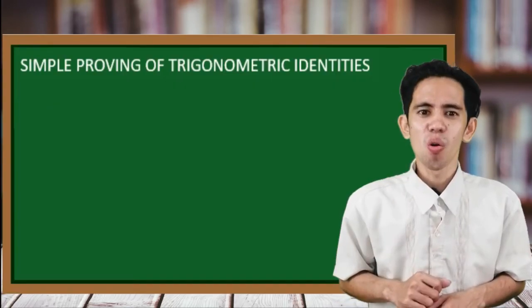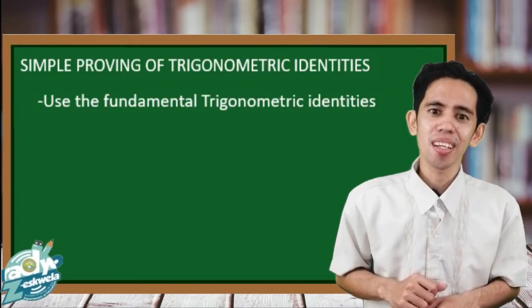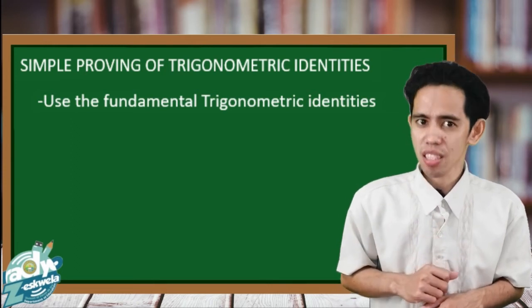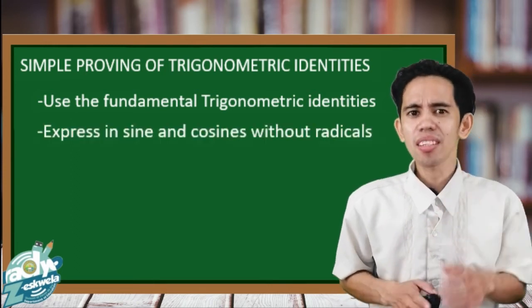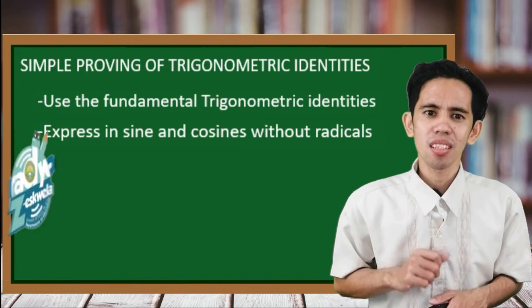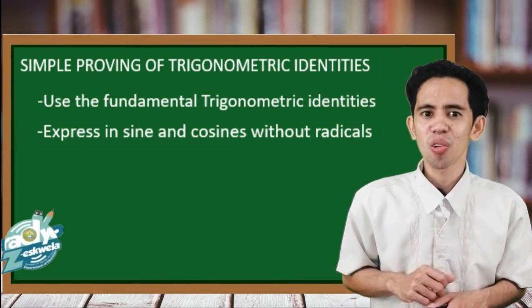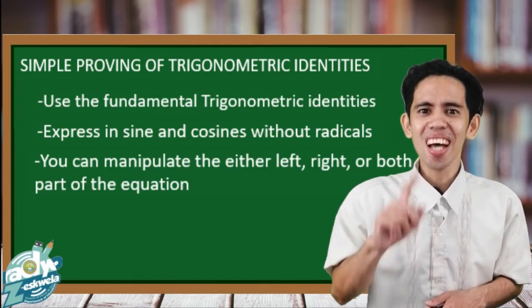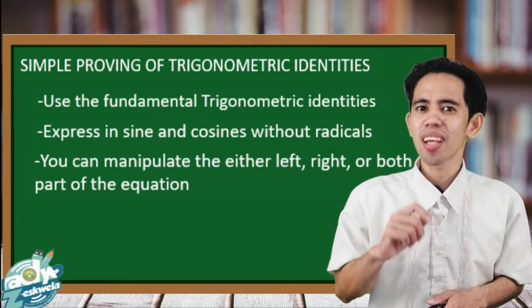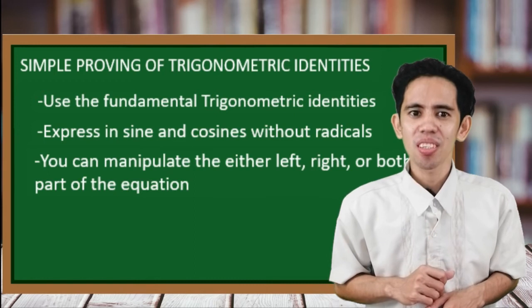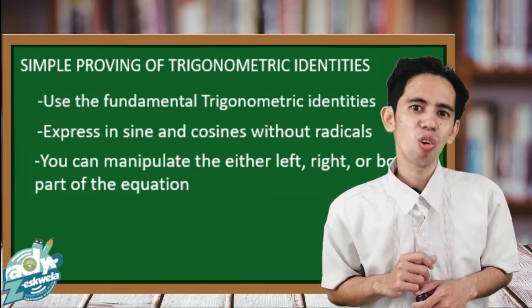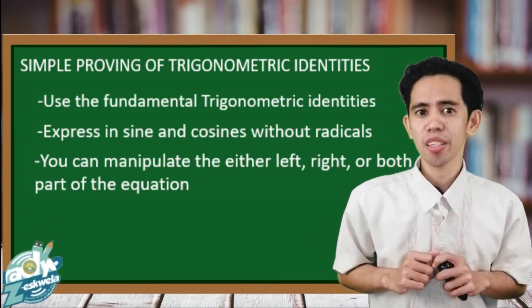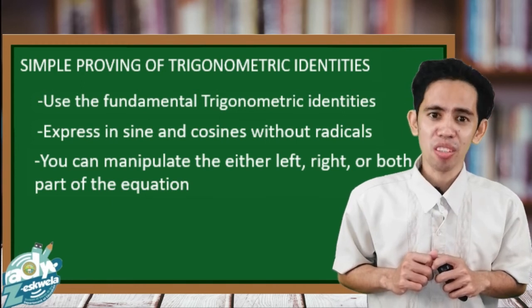First, we will use the fundamental trigonometric identities. Second, express in sine and cosine without radicals. And lastly, we can manipulate either the left, right, or both parts of the equation.